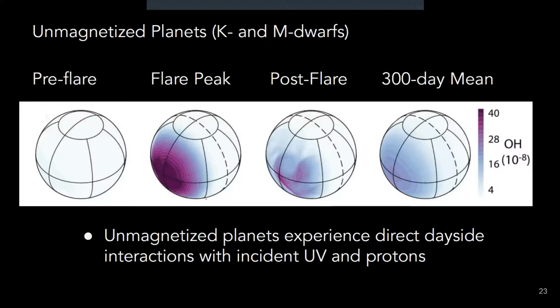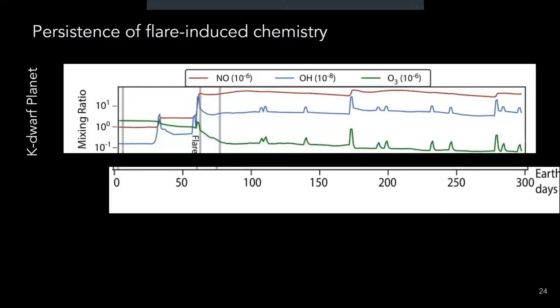Due to the stronger flaring scenario, stronger magnitude flares and more frequent flares that I alluded to earlier, the dayside also directly interacts with the incident UV irradiation and incident protons. And this creates a much different scenario in which repeated flaring can drive significant deviation of the chemical compounds from their initial state.